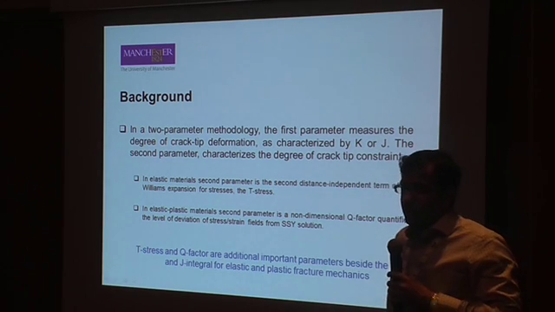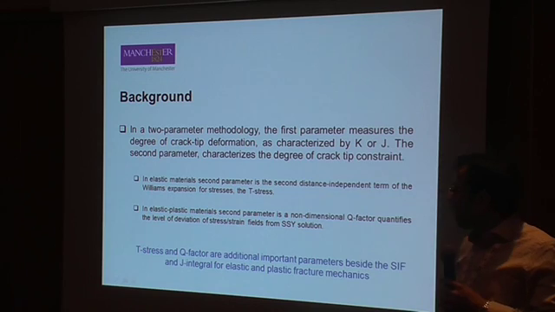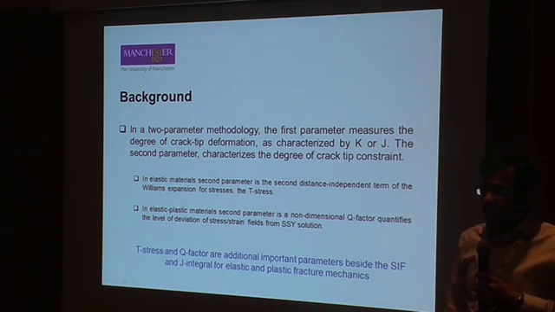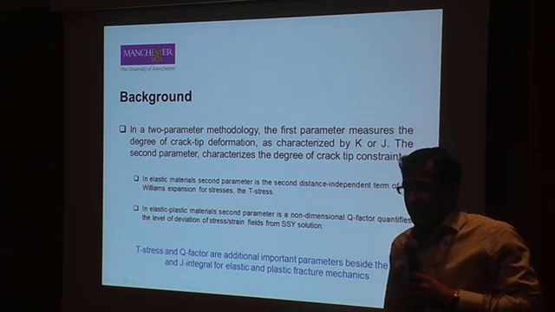Let's look at the background. In two-parameter fracture characterization, the first parameter, which is K or G, characterizes the crack tip deformations, and the second parameter characterizes the crack tip constraints.